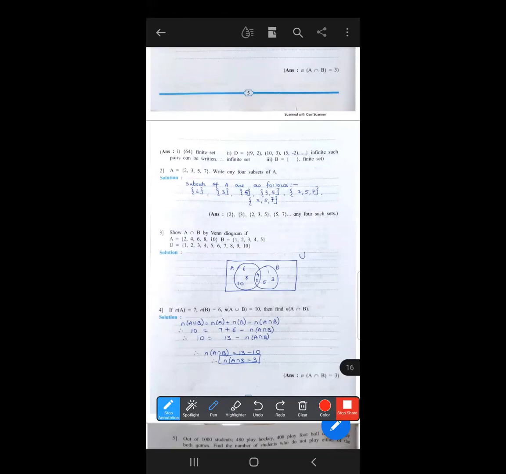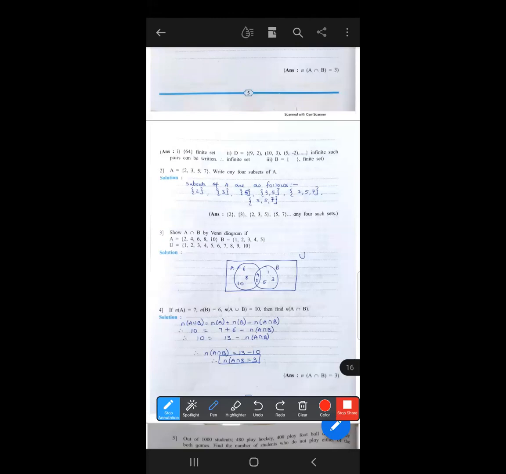So here subset is a very small part in the chapter sets. Here one particular set is given and you have to write any 4 subsets of A.